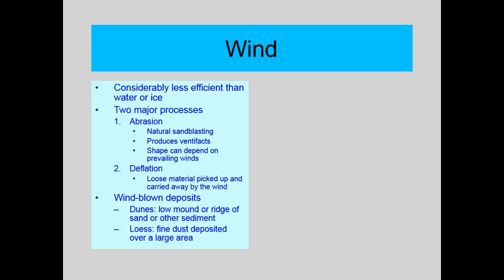Of course, venti means what? Okay, vents, think of those. Ventilation, exactly. So this is wind-driven, so wind-driven artifacts, basically. In other words, what are the results of wind erosion?